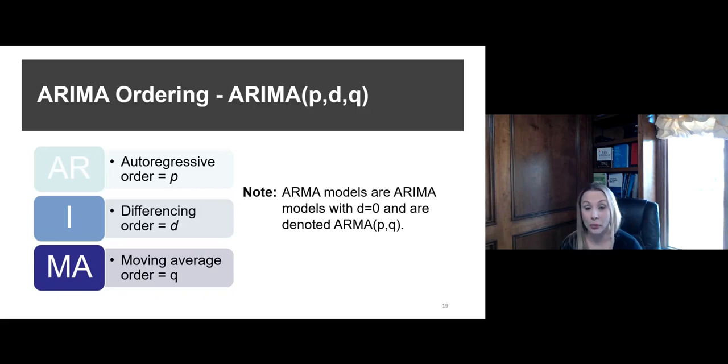ARMA models are ARIMA models with D differencing equal to 0, so that will be denoted by P and Q only. This will be a typical structure we define when setting up an ARIMA model. What is my P value? What is my D value? What is my Q value?